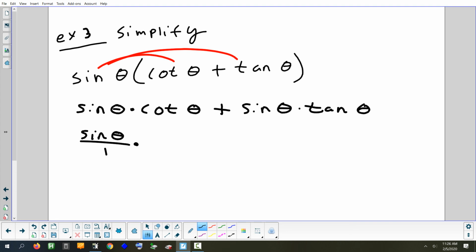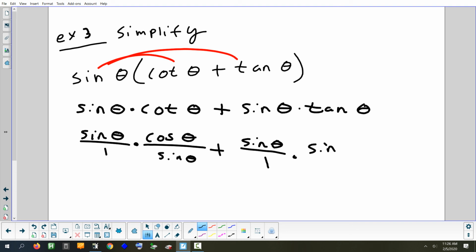I know it's 1 over tangent, but that won't help. Cosine over sine, plus, we're going to make that sine over 1 times, what is tangent? Chris? Sine over cosine. Yep, sine over cosine.